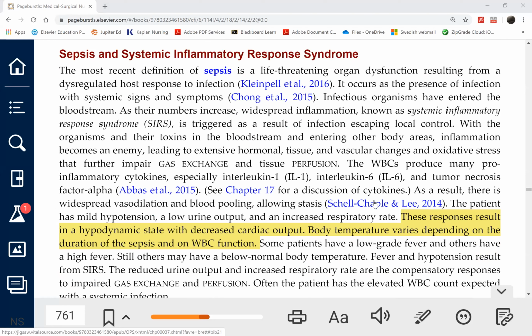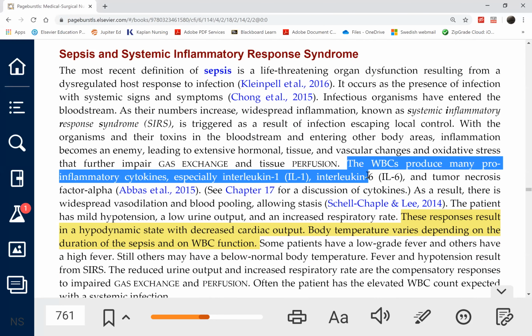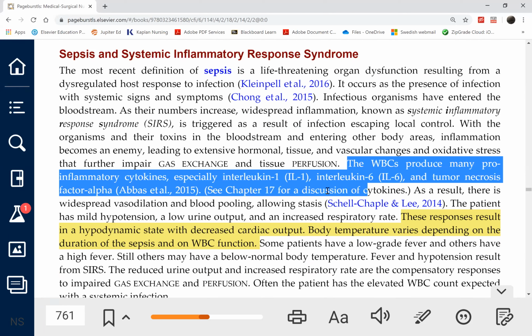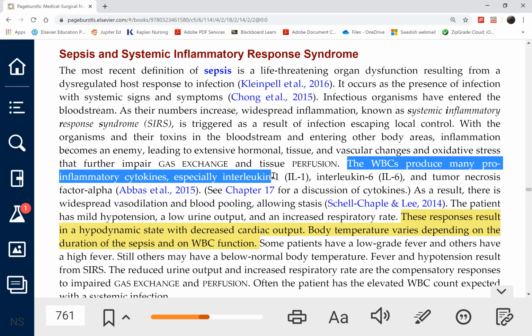There is also vasodilation happening in sepsis. This is in response to the severe inflammation resulting from the infection. The infection triggers a lot of inflammatory cytokines, specifically interleukins 1 and 6, and tumor necrosis factor.